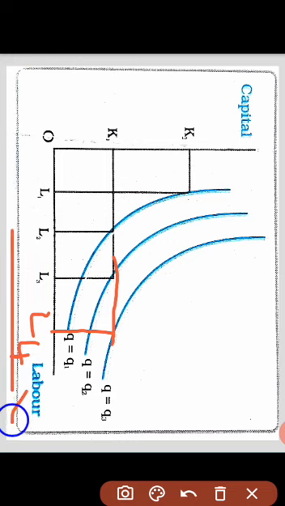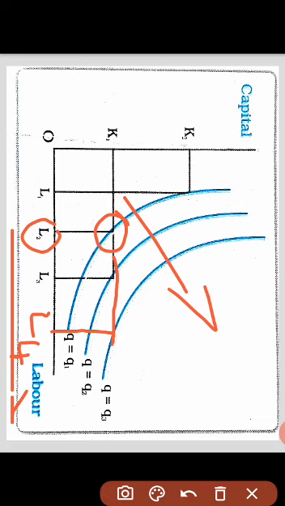Moving towards the right side means you are using more and more labor, that's why the curve is moving upward. Here you are using less labor, so it is represented on isoquant 1. Here you are using L2 amount of labor, which is greater than L1.